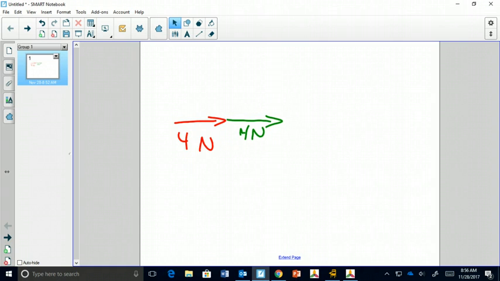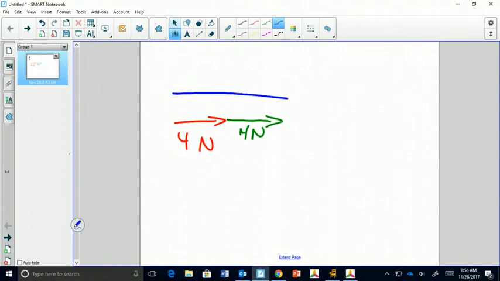We call this tip to tail. These are vectors, right? We're putting the tail of his vector onto the tip of my red vector there. And that would produce a new vector, what we would call a resultant vector. And how long would that vector be?